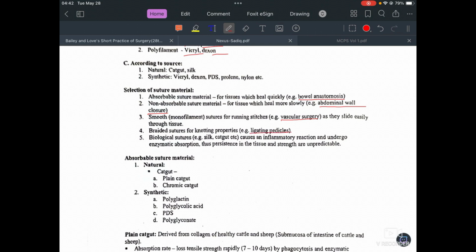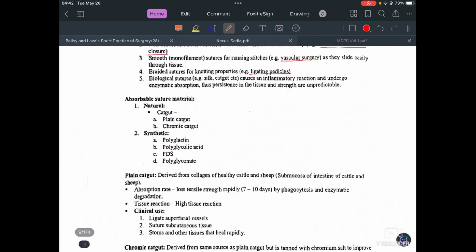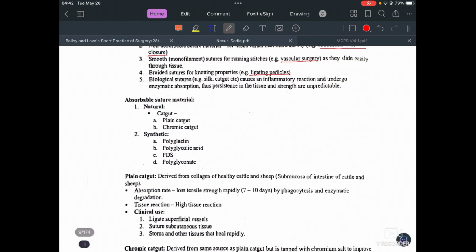Biological suture materials, silk and catgut, cause inflammatory reaction and undergo enzymatic absorption. Thus, persistence in the tissue and strength are unpredictable. Absorbable suture material.